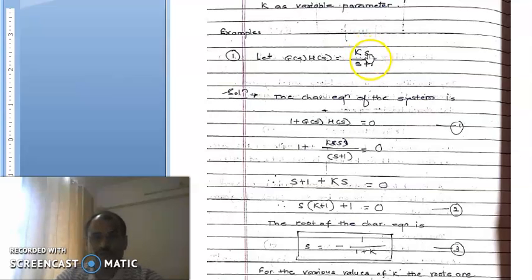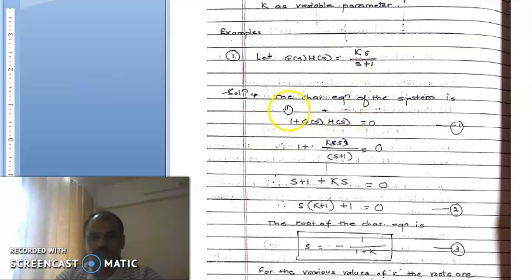Here you will clearly understand that there is one open loop zero, located at the origin, and for the open loop pole, when you equate this denominator to 0, the location of the open loop pole is at s equals minus 1.